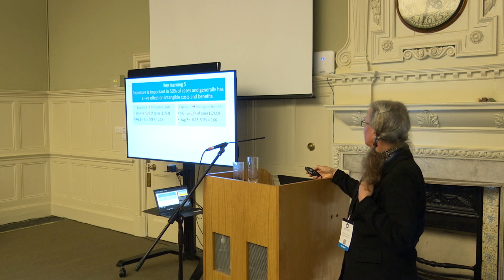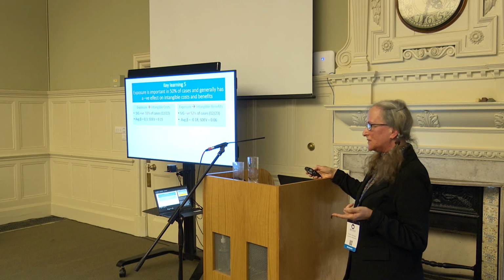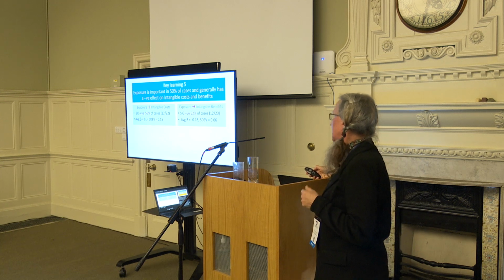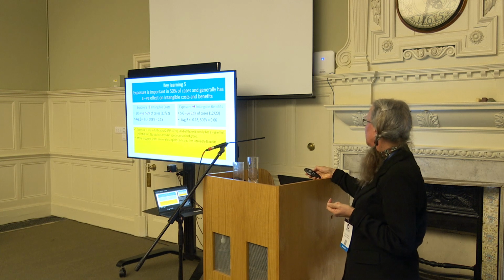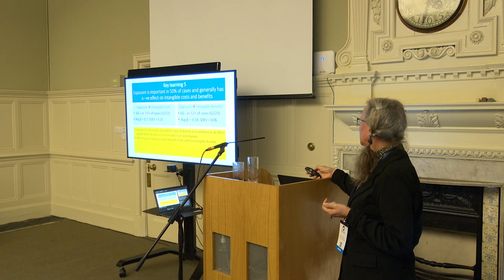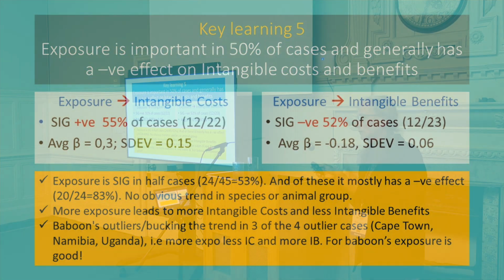So more exposure leads to more perceptions of intangible costs and less perceptions of intangible benefits. But what we find is that baboons might be an outlier and have actually the opposite effect. So more exposure for baboons is actually a good thing, but we do need more case studies to see if that holds.